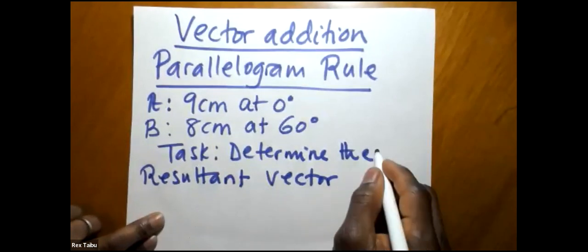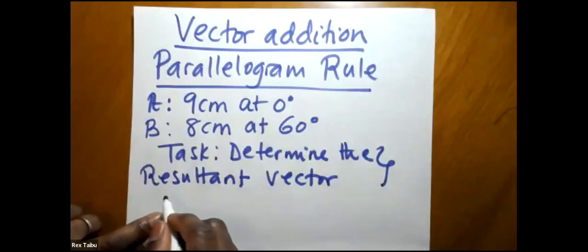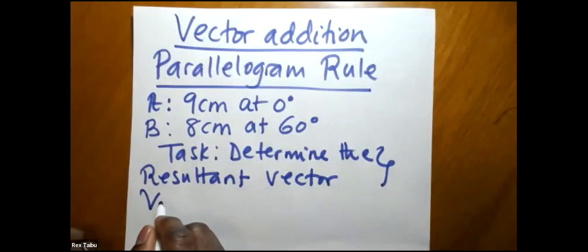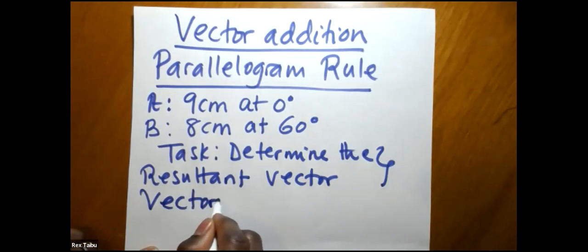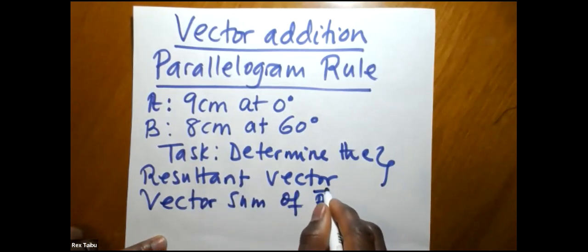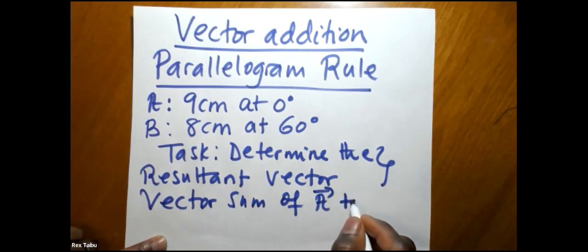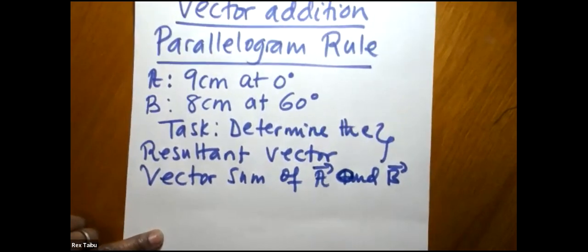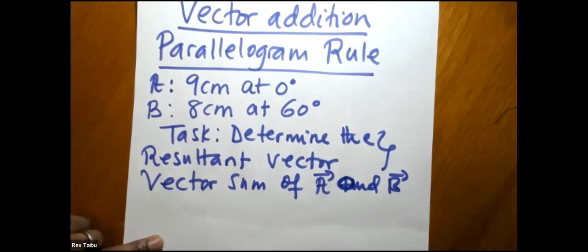In other words, we need to find the vector sum of A and B. Some people would write the vector sum of vector A and vector B. That's our job. So we are going to start our procedure.